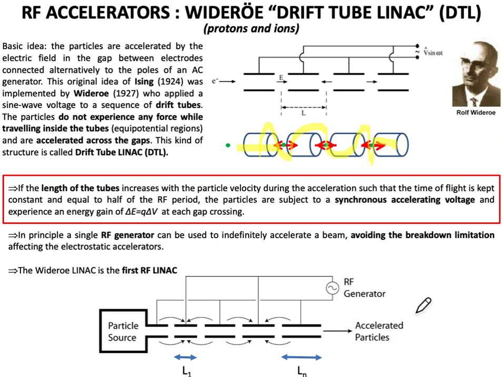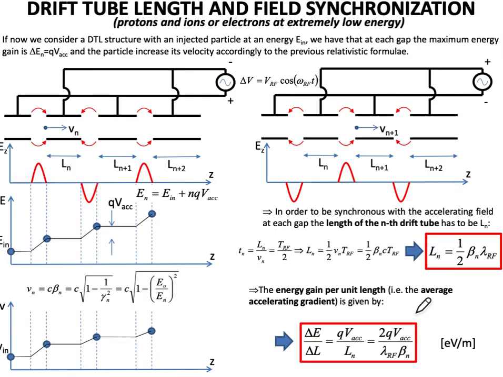We can explain this principle accurately in the next slide. Just look at this. We consider the drift tube Linac structure with a particle injected with an initial energy E, and then we have different gaps.